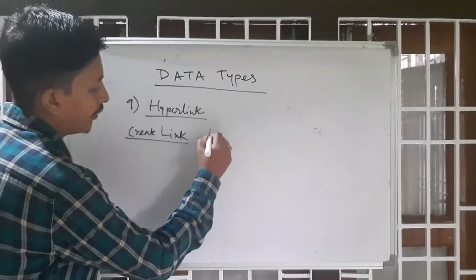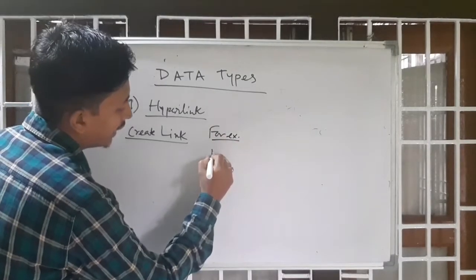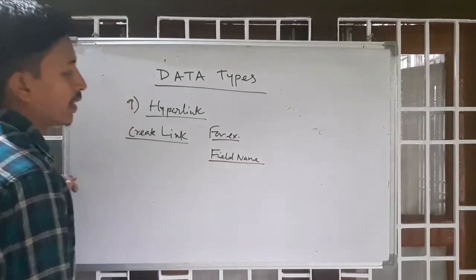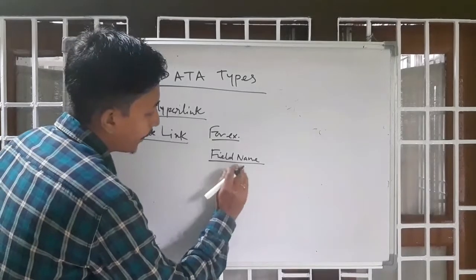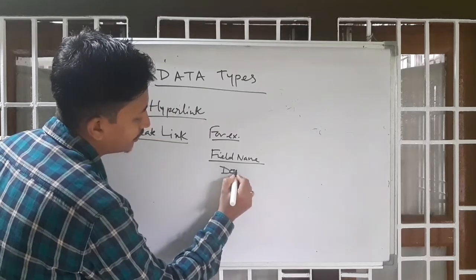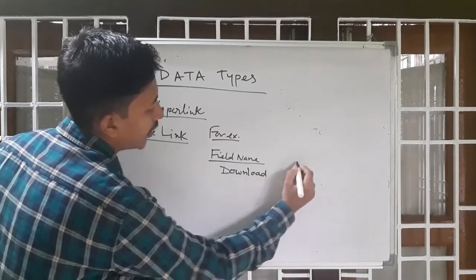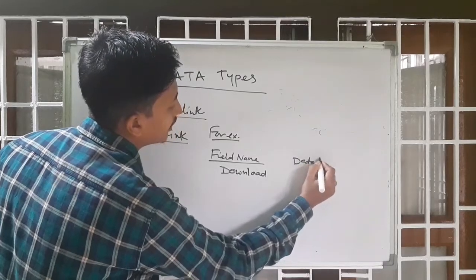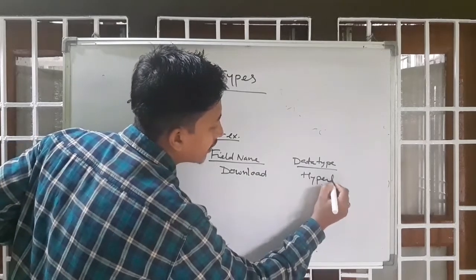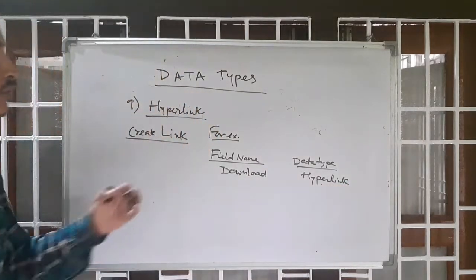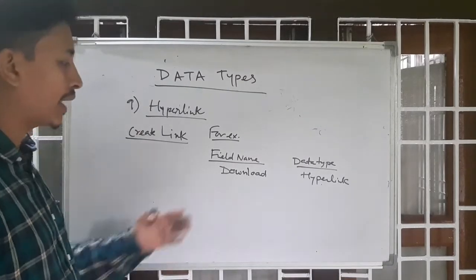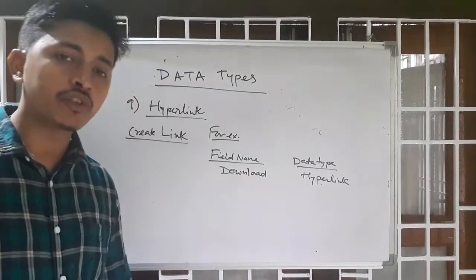For example, in the field name, select download, or data write. It should be a hyperlink. Download means what? When you click on download, for example, I want to download a picture, an image, an audio file, or a video file.